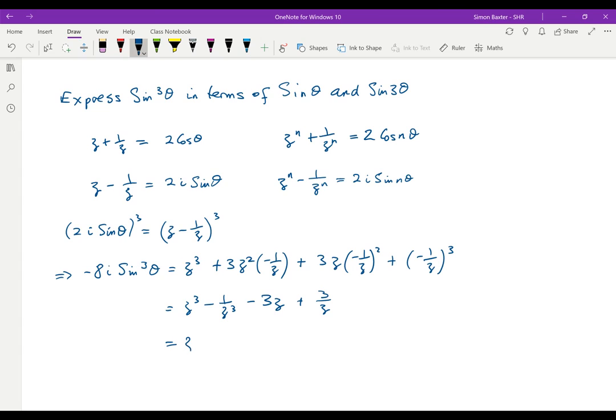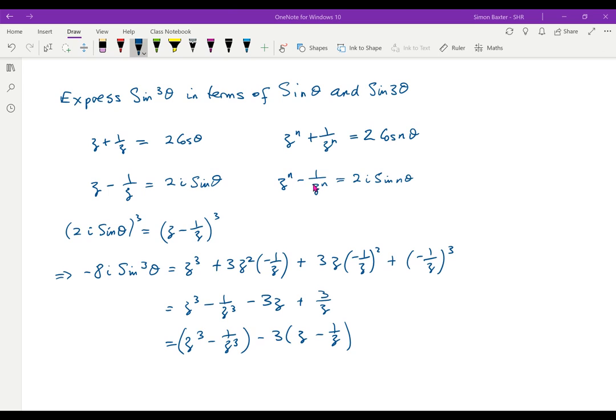Which is now z cubed minus 1 over z cubed minus 3 times z minus 1 over z. That works, yes. Now, what am I going to do? I'm going to use this fellow.